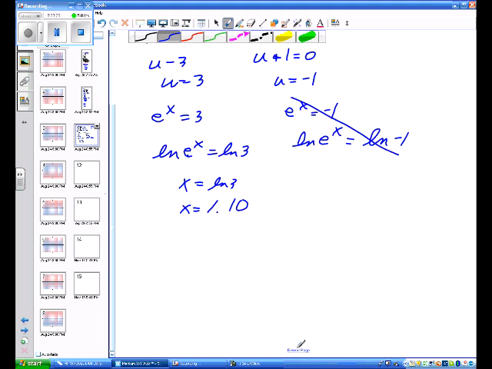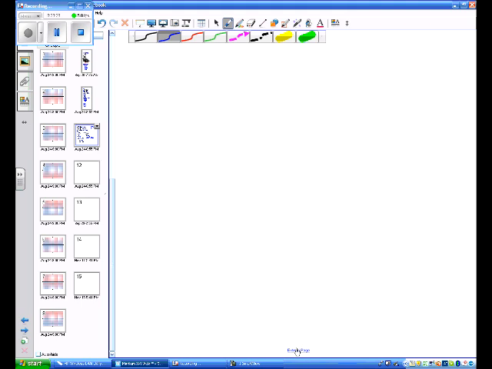So you may have it where it's in the form of a quadratic, and you go through and solve. Now this one looks pretty long. We've got log base 2 of x minus 6 plus log base 2 of x minus 4 minus log base 2 of x equals 2.